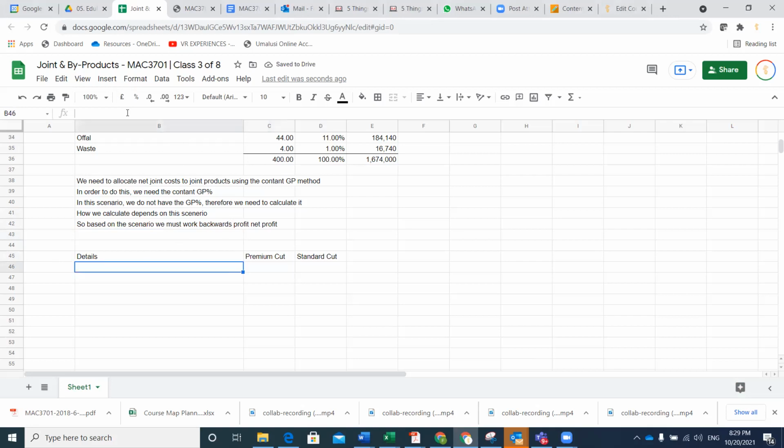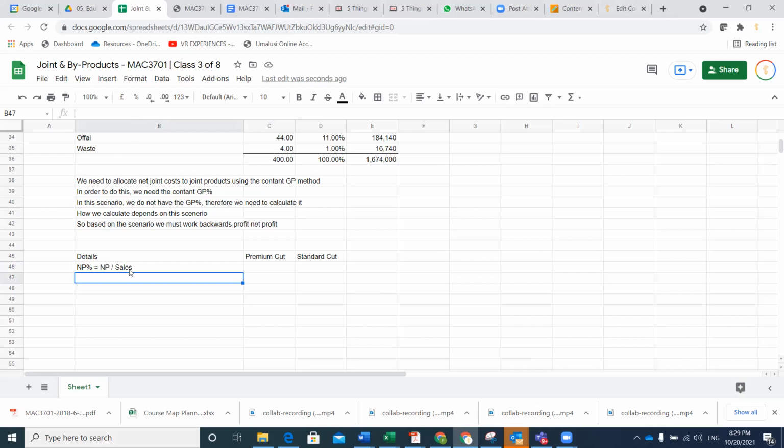Net profit percentage equals net profit divided by sales. We know the net profit percentage must be 10%. We don't know what net profit is, and we don't know what sales is, but we can work out sales.